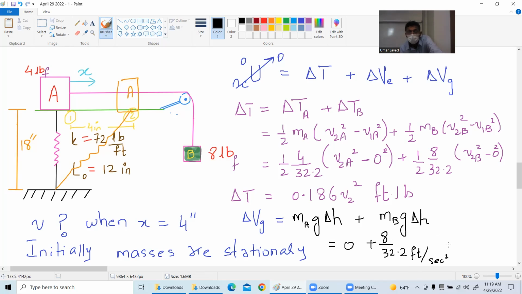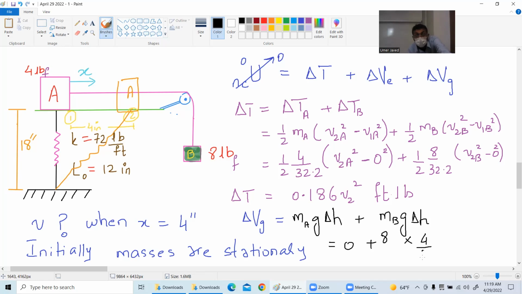Did I do it right? They're going to cancel. That's why he mentioned the same thing. I forgot. So it is 8 mg multiplied by delta H, which is, I think, unknown. No, it's 4 inches.